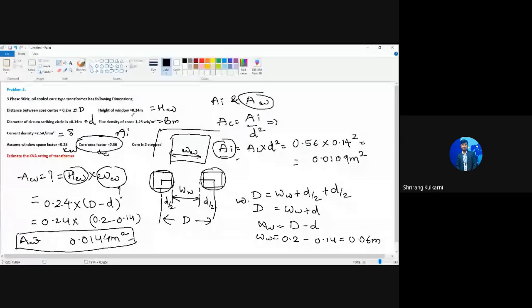We have calculated the AW value. We have calculated the AI value, using this core area factor. Using this height of window and core dimensions, we have calculated the AW. So what is left out now? Left out part is this one: KVA rating we have to calculate. Yes, how to calculate that?